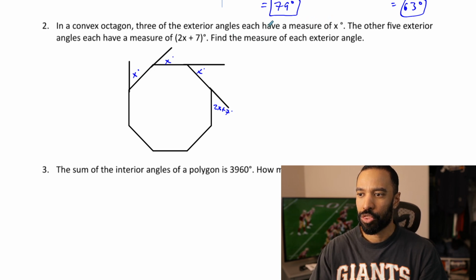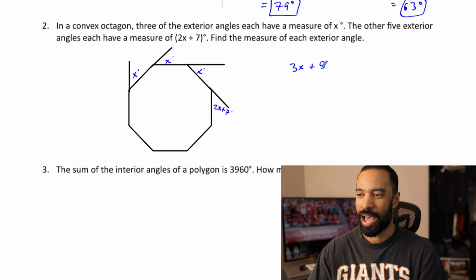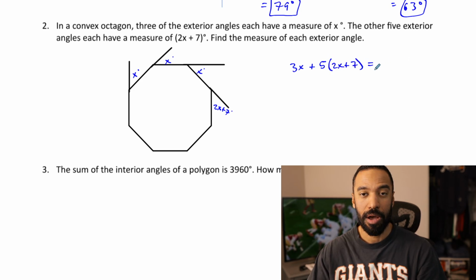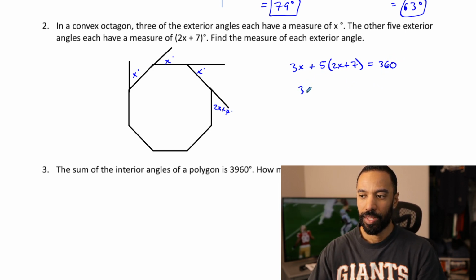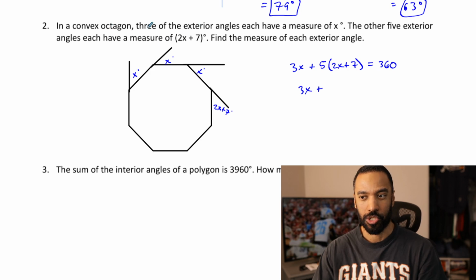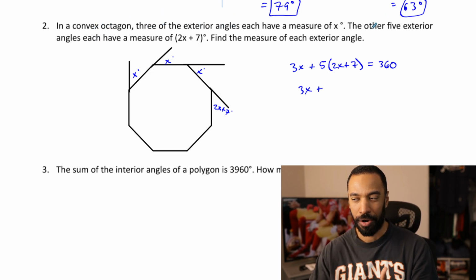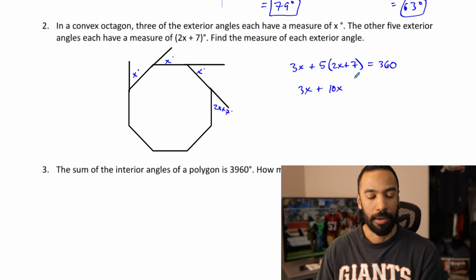So I have 3 exterior angles with a measure of x. I have 5 exterior angles with a measure of 2x plus 7, and the sum of those exterior angles is 360. It does not matter that this was an octagon, except to tell you how many angles there are. 3, 5, make 8. Otherwise, the sum is just that.